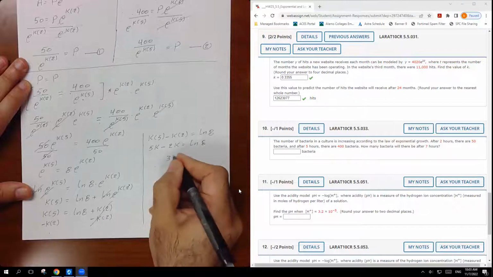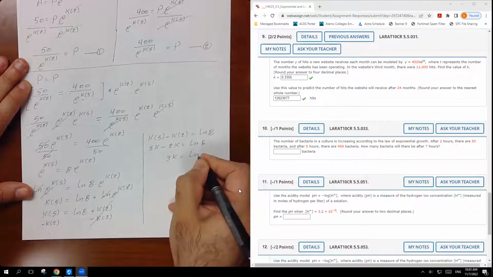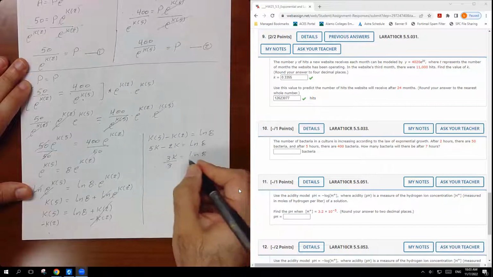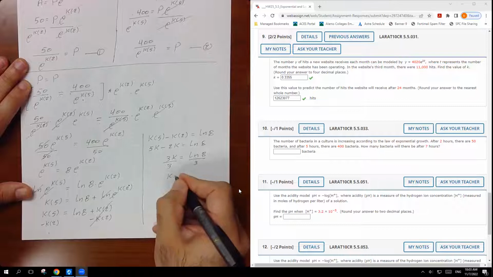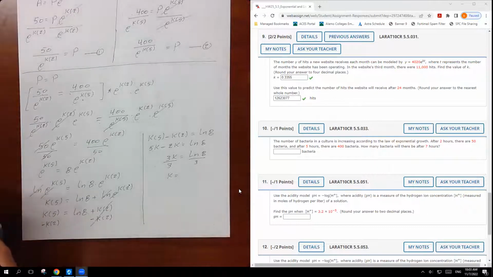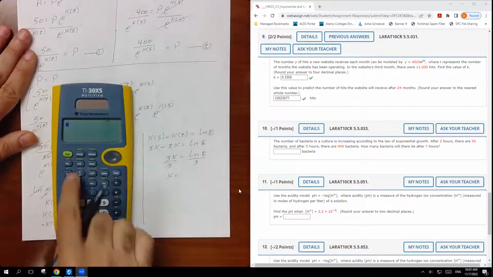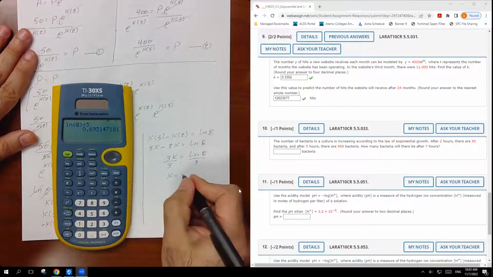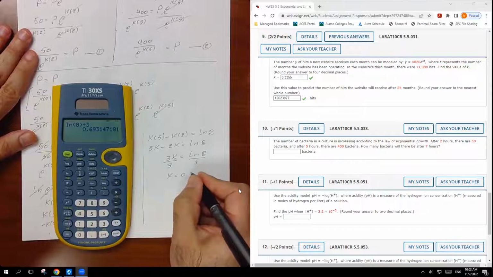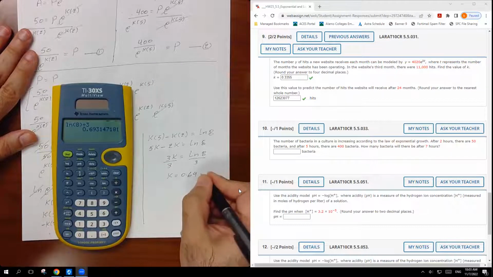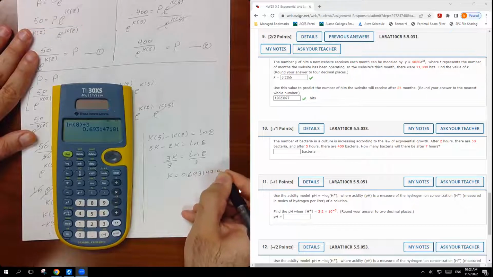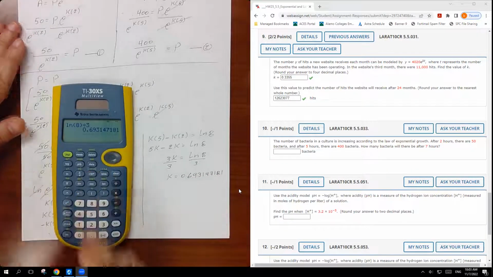That means 3k equals ln 8. So divide both sides by 3. That means k is going to be equal to ln 8 divided by 3. So k is going to be 0.693147181. So this is the value of k.